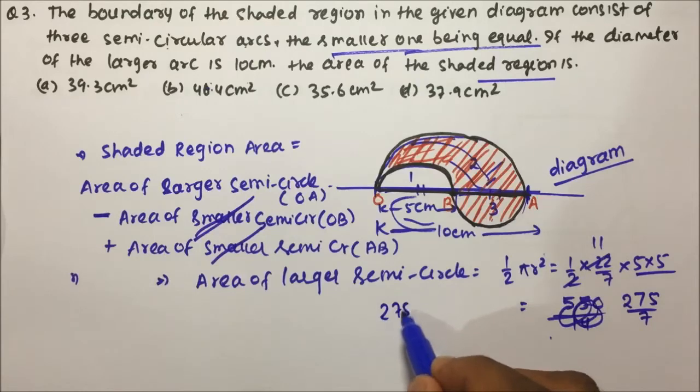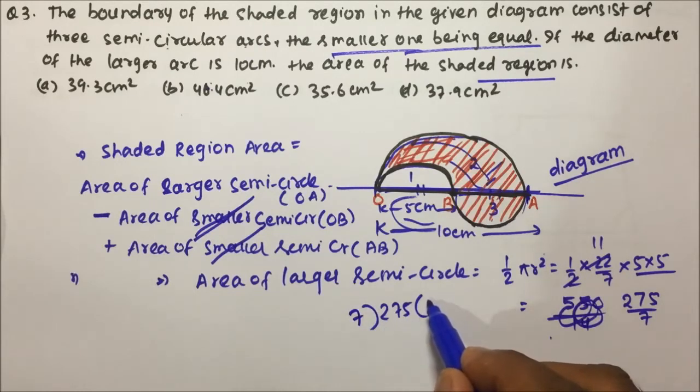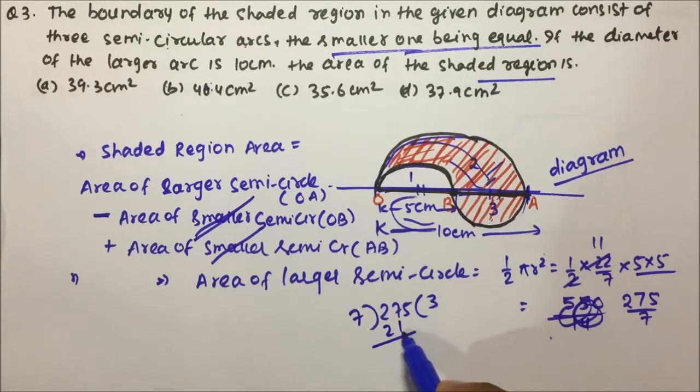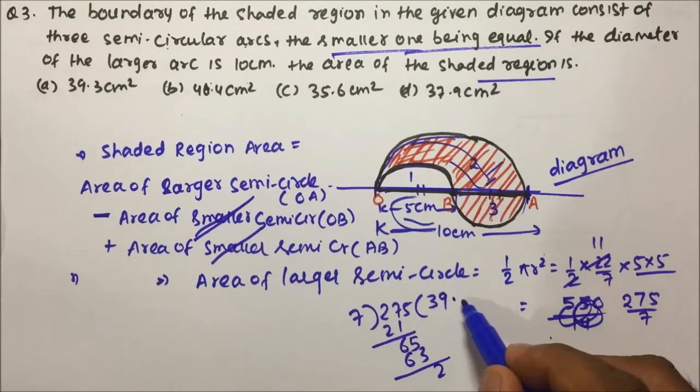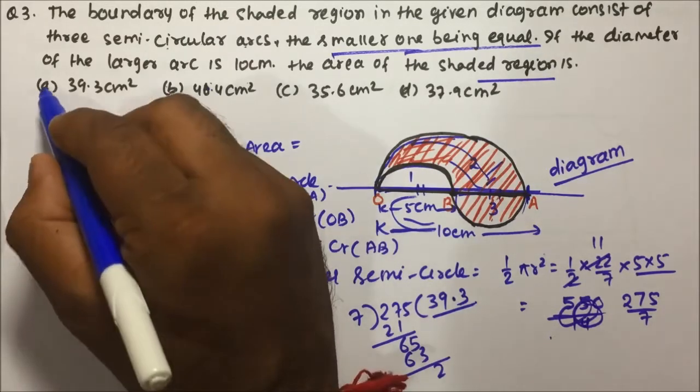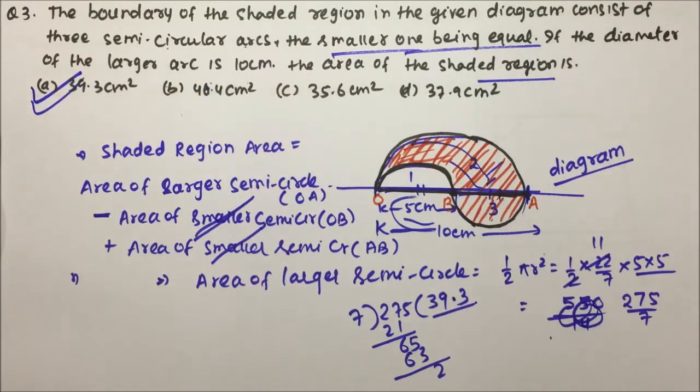So 275, if you divide by 7, then 7 3s are 21, and 6 5, 7 9s are 63, then 5 minus 3 is 2, then 7 into around 3 you can say. So 39.3 centimeter square, option A will be the correct answer friends for the given question number 3.